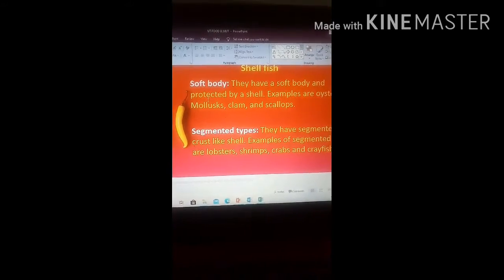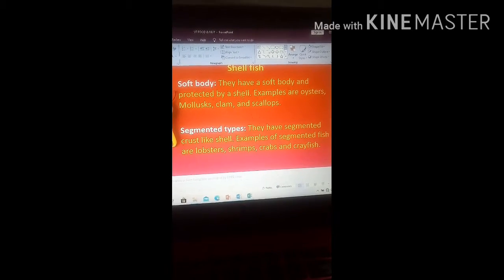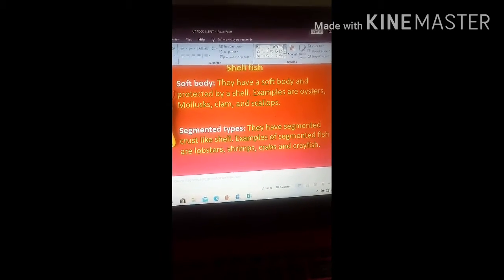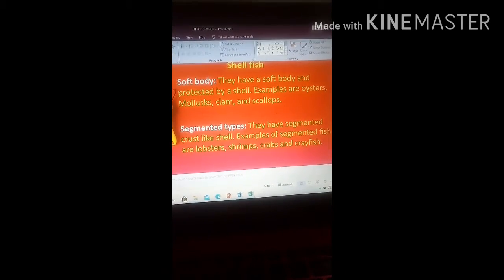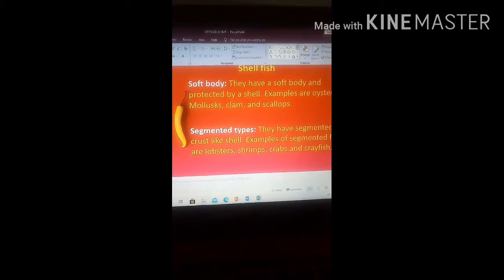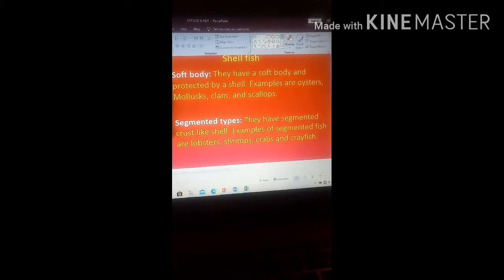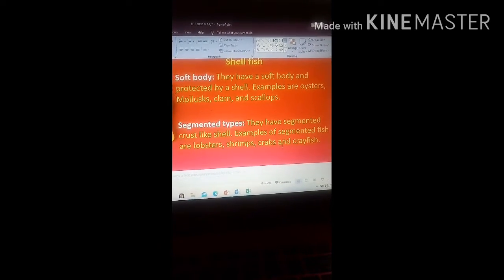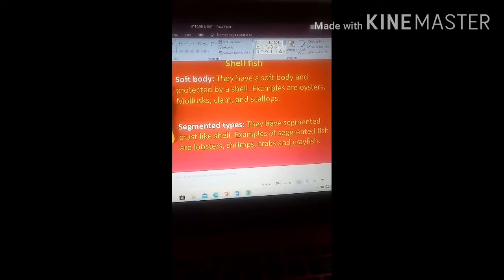So let's talk about the soft body shellfish. They have a soft body and are protected by a shell. Examples are oysters, mollusk, clam, and scallops. The segmented type of shellfish have a segmented crust-like shell. Examples of segmented shellfish are lobster, shrimps, crab, and crayfish.